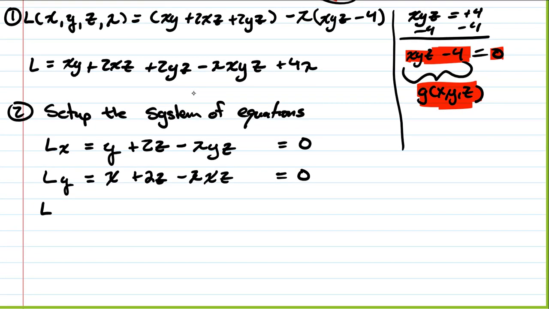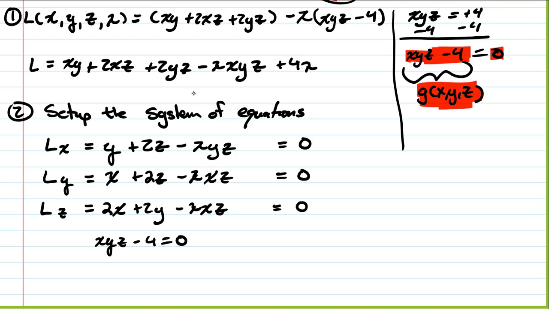Our third equation is L sub z, which is the derivative of xy with respect to z is 0. The derivative of 2xz is 2x. The derivative of 2yz is 2y. The derivative of negative lambda xyz is negative lambda xy. And the derivative of 4 lambda is 0. And then lastly, we have our last equation, which is xyz minus 4 is equal to 0.